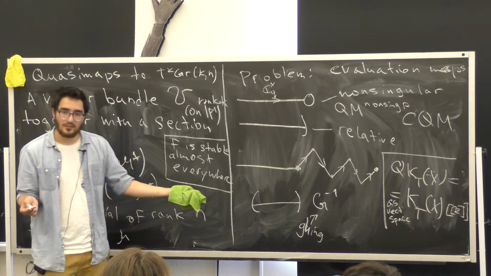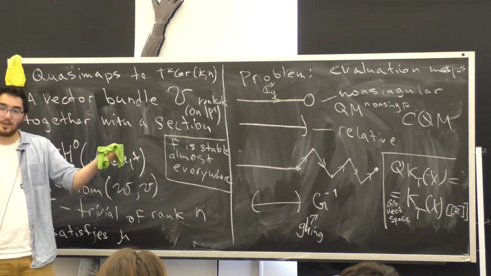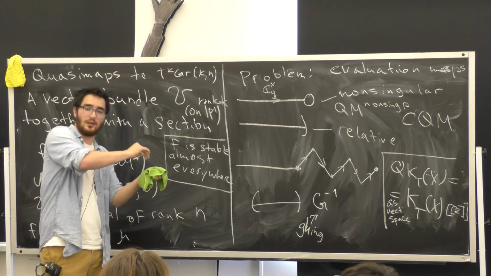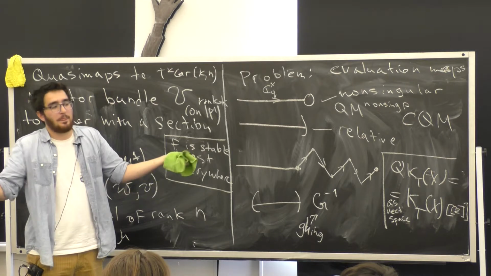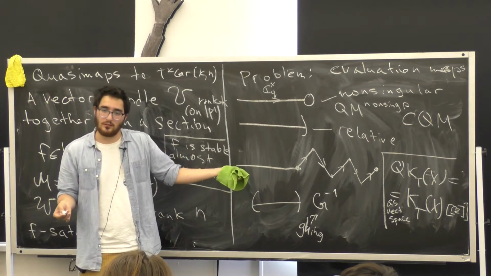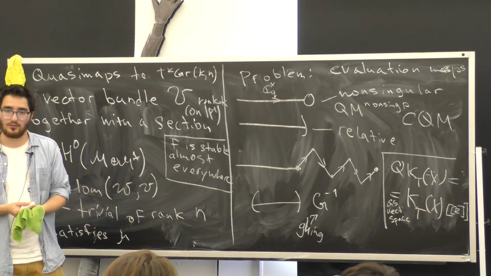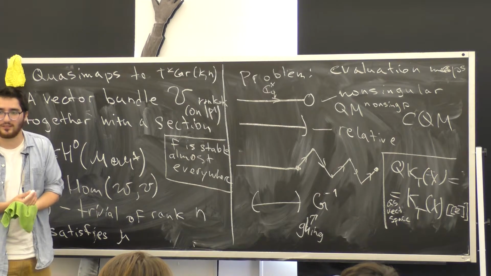But here, now these 2 fixed points might have curves connecting them. They might have quasi-maps that go from one to the other. And you're going to have to count these. So that's a way of understanding how this is non-trivial, at least to me.